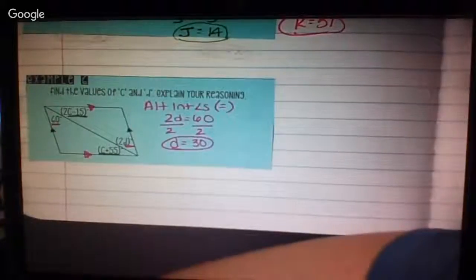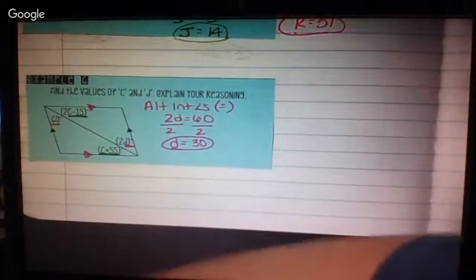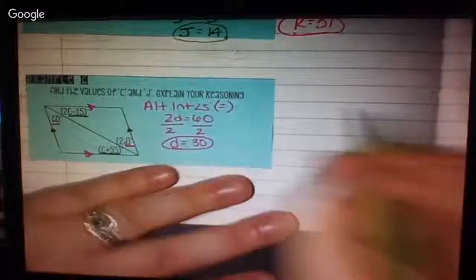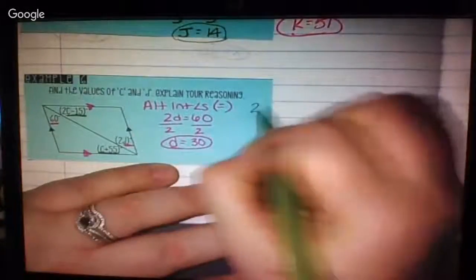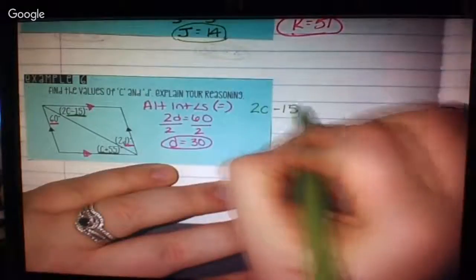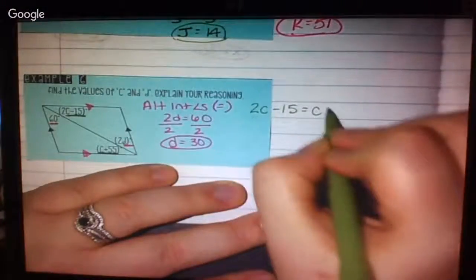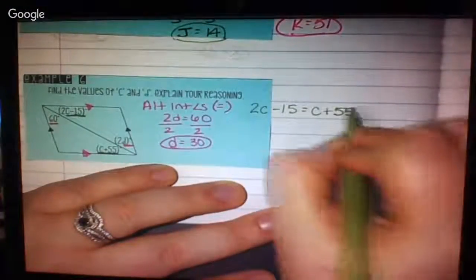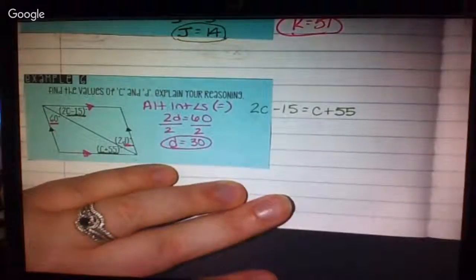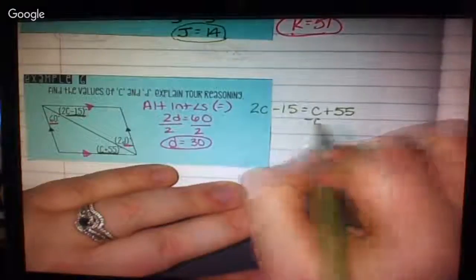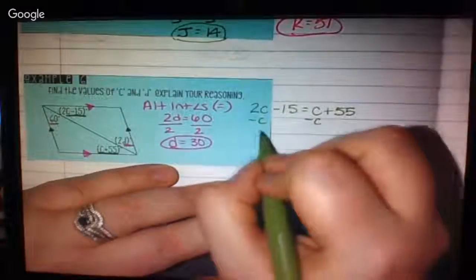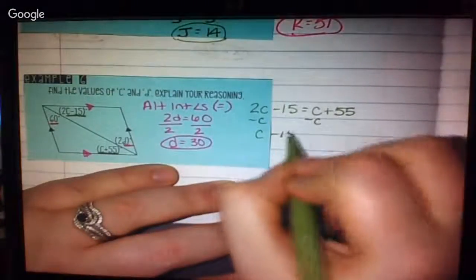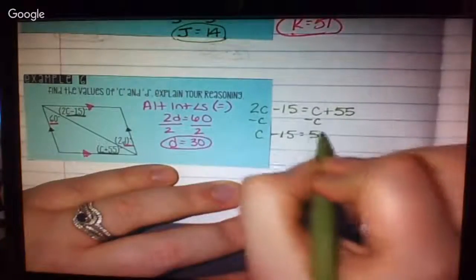One's on the left of my transversal, one's on my right. So they're also equal. So 2C minus 15 is equal to C plus 55. I must subtract C from both sides to get C together. So C minus 15 equals 55.